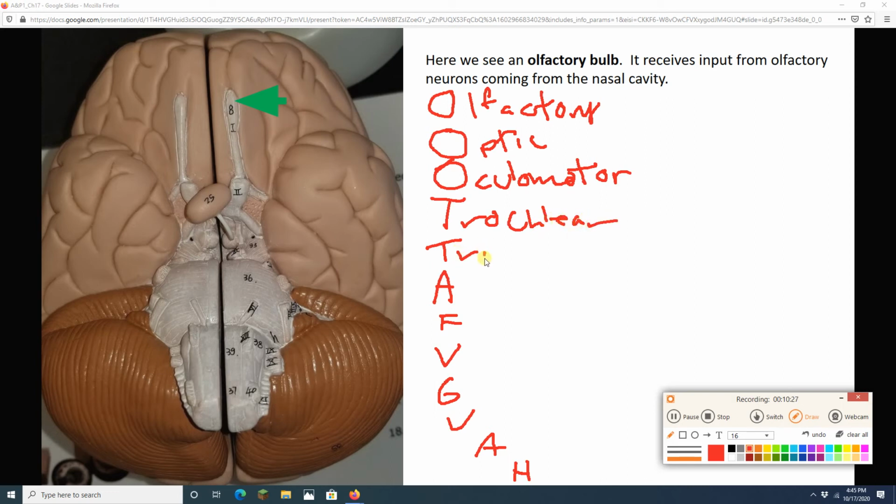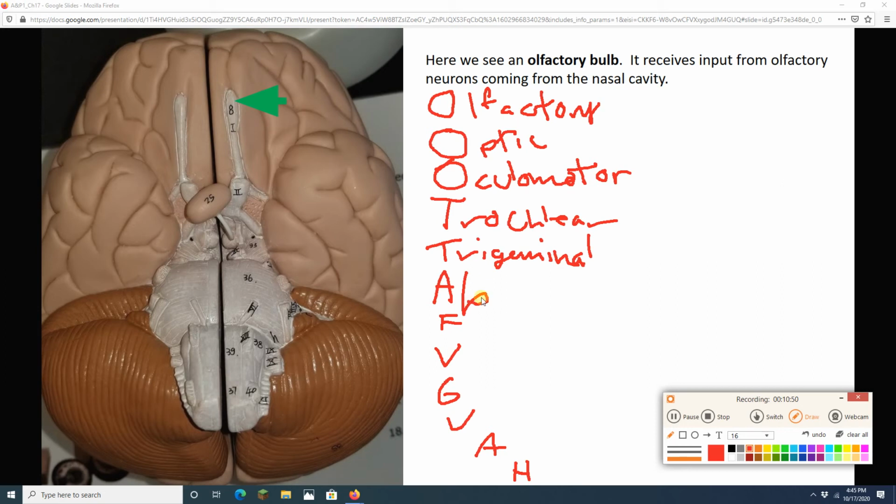Then we've got the trigeminal nerves, which are involved in controlling movements of chewing muscles, plus also getting most of your sensory information from the face. So notice the first two were sensory, the next two were motor. The trigeminal is a mixed nerve because it has sensory and motor functions.